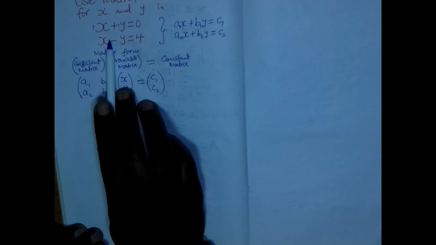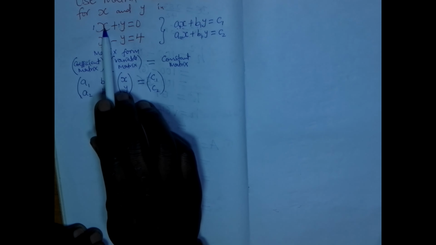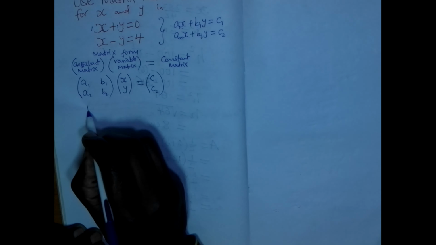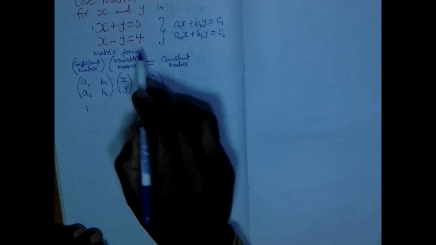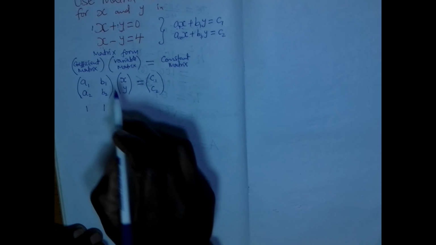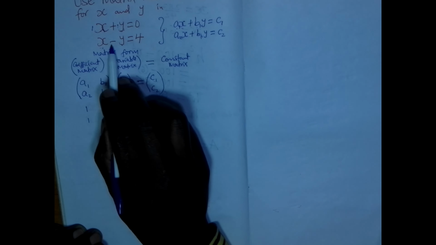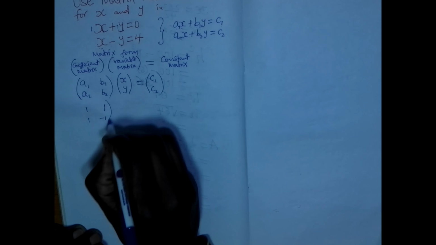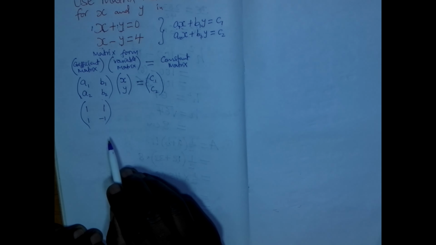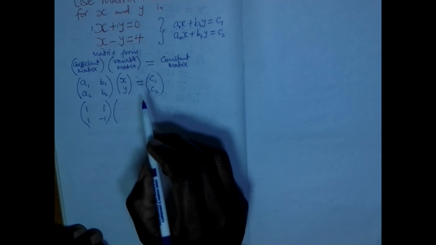Therefore, from the given simultaneous equations, the coefficient of x is 1, the other one is 1, this is 1, and the coefficient of y is minus 1. So that is the coefficient matrix. Then multiply by the variable matrix.